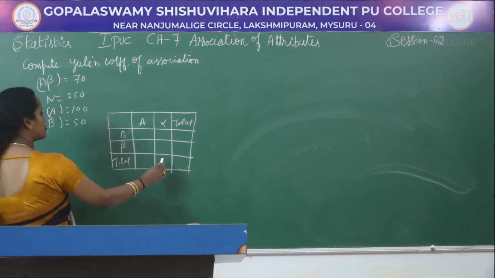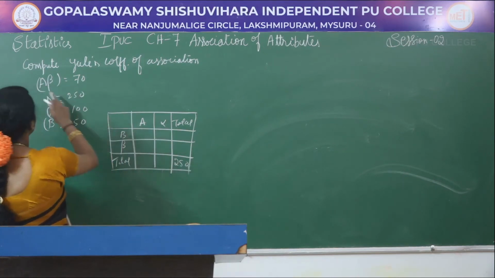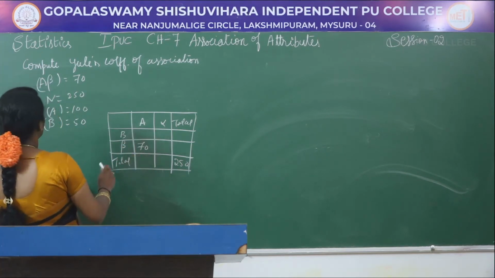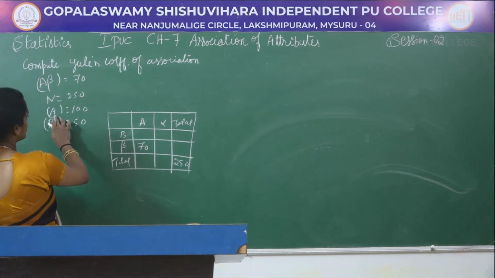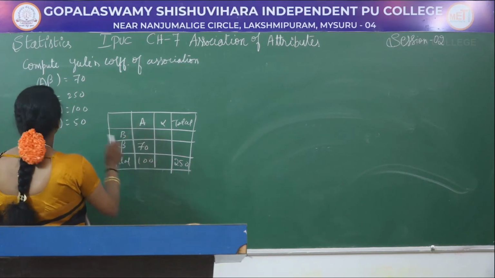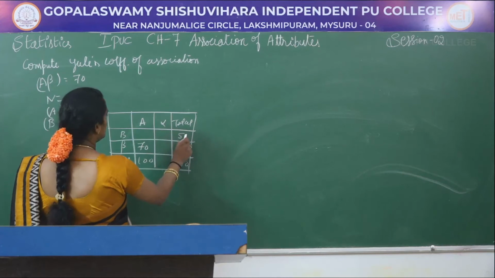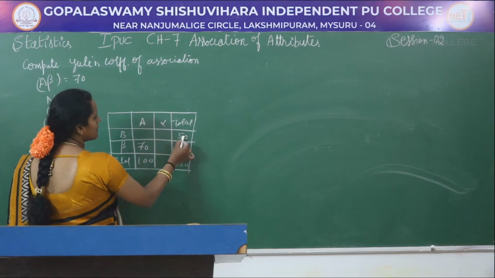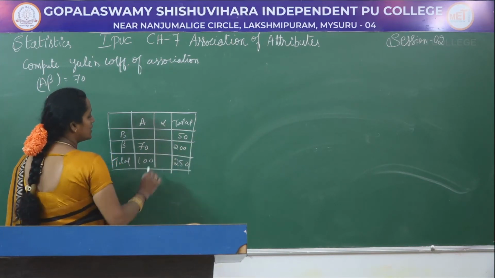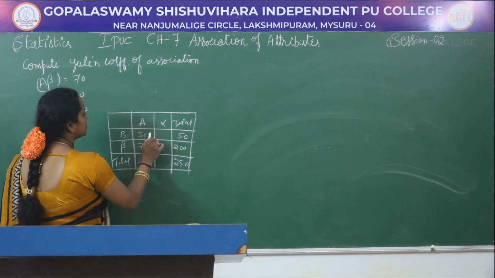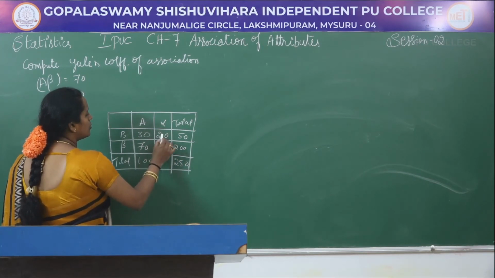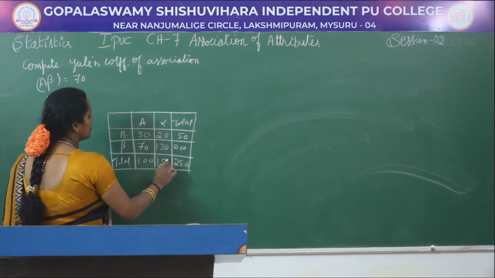Here total N is equal to 250 and A beta is 70. Next, total of A is equal to 100 and total of B is equal to 50. Here let us complete these unknown values. 250 minus 50 it is 200, 100 minus 70 it is 30, 50 minus 30 it is 20, 200 minus 70 it is 130, 20 plus 130 it is 150.